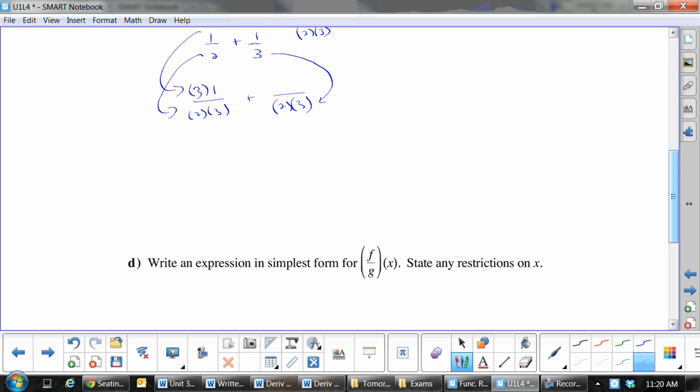Well, I have to multiply by 2. So if you multiply by 2 here, we're going to multiply by 2 on top. So then I would get 3 over 6 plus 2 over 6.